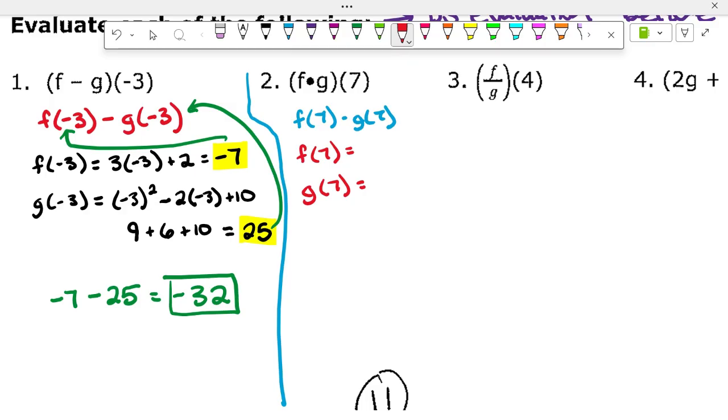If you need a calculator, you're welcome to grab it. So you don't need to do the operation yet. I just want you to get f of 7 and g of 7. That's it.